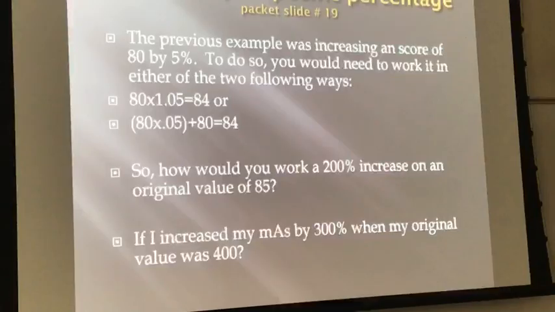You've already got the 100% in the 85, but you're increasing by 200%, which is twice 85. So again, you've got to add in the 85. So how would you work that out in a multiplication problem? Multiply by 3, right. In the addition problem, you'd multiply by 2 and then add the 85 back in, right?